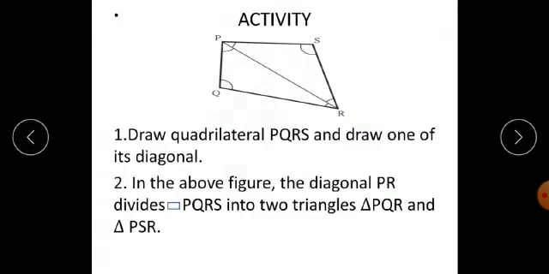Therefore, students, if you see very carefully, because of the diagonal PR, the quadrilateral PQRS is divided into two triangles.